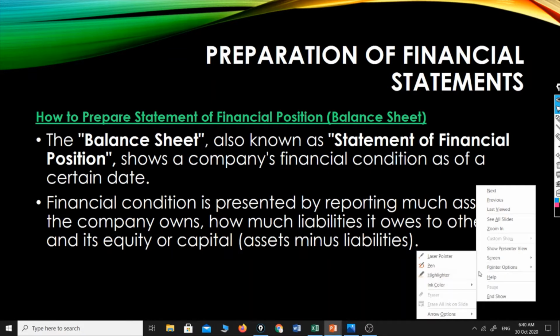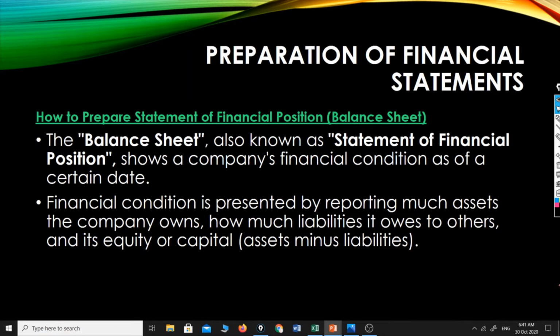As you can see, asset, liability, and owner's equity are the financial elements present in our accounting equation. So we'll just follow the asset, liability, owner's equity format in preparing our balance sheet.